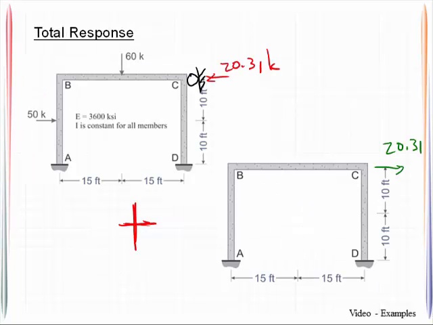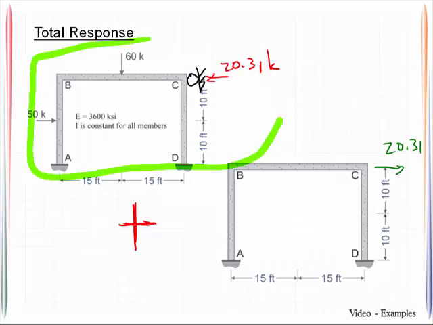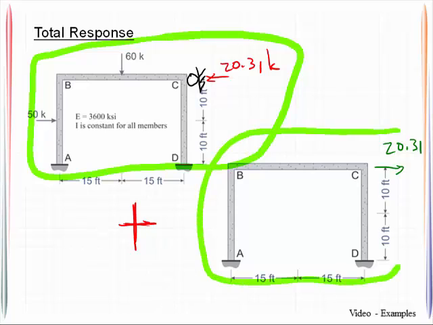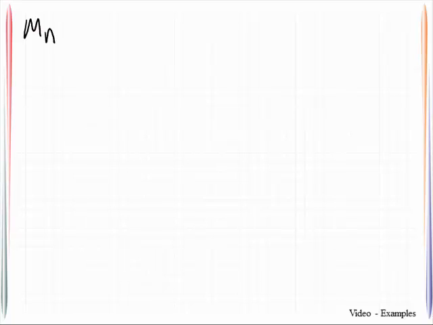So I've got the responses for this. I'm now working on the responses for this, and I will add those two together, and here are the equations that develop because of that. So the moment at A, I take the response from the one that's restrained against sway, and I take the moment that has the point load applied to it.